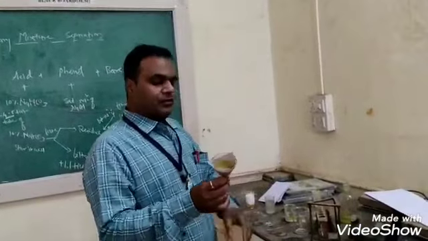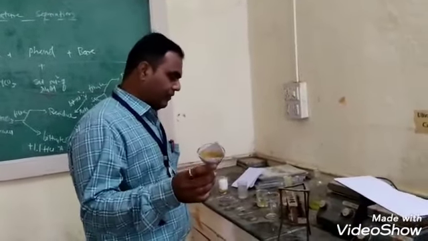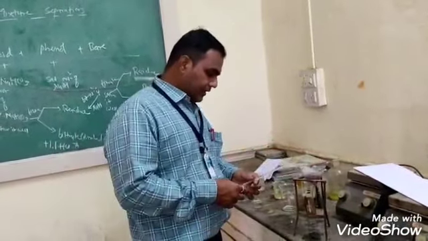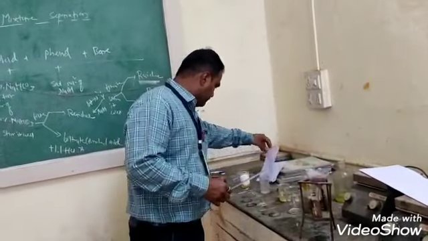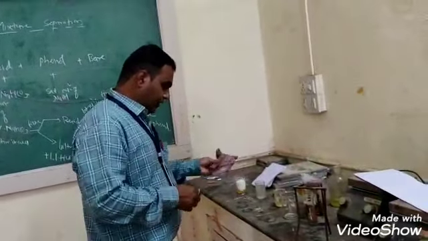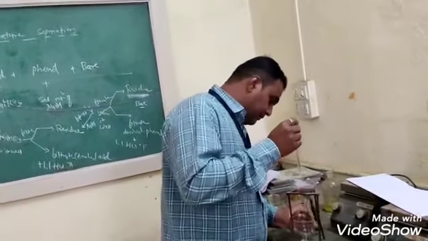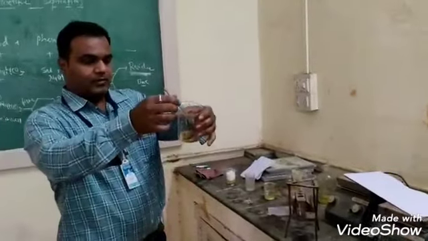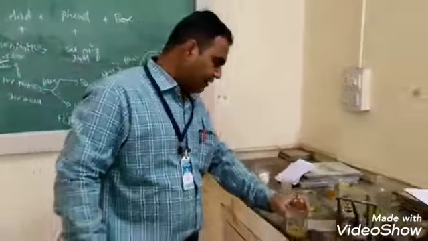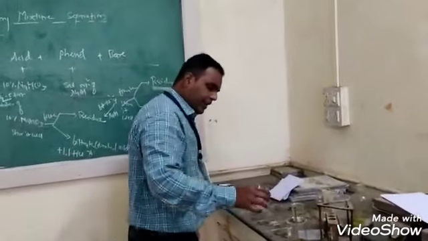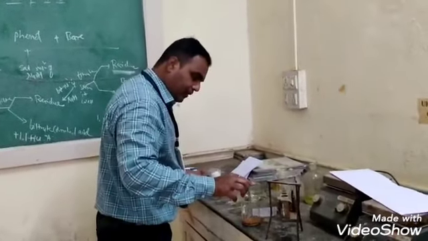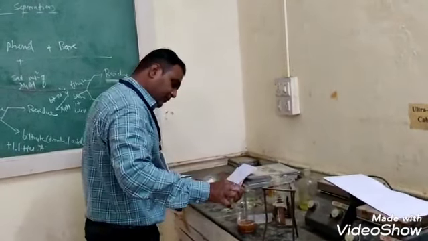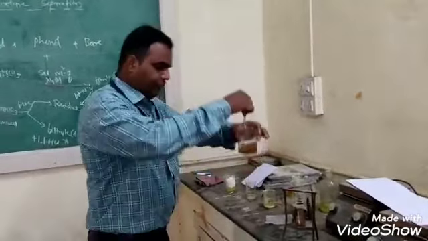For the separation of the phenol component from the base, we take this whole residue into the next, clean beaker. After collecting the residue in the fresh beaker, we add NaOH, because phenolic compounds dissolve in NaOH. Add a sufficient amount of NaOH to the residue and stir it for 5 to 10 minutes.